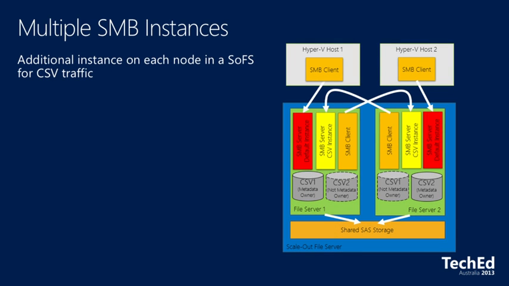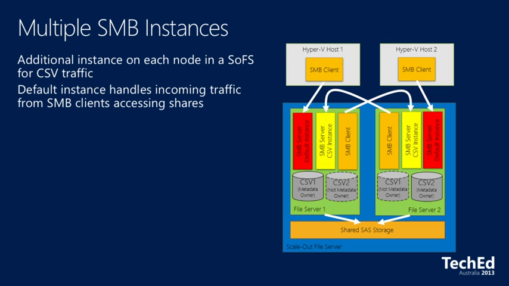And we added multiple SMB instances. So what this means is we've got several instances of the server and the client, where it's figuring out amongst itself who needs to go to what actual storage.